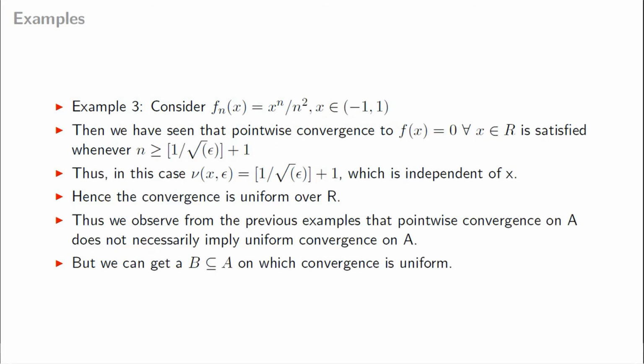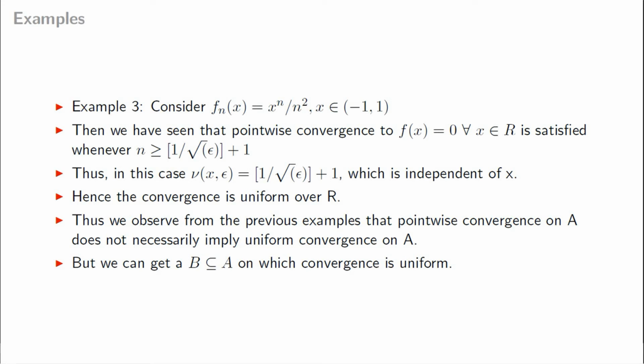Consider our next example which involves the sequence of functions x to the power n by n square for x belonging to the open interval -1 to +1. We have already seen pointwise convergence to f(x) equal to 0 for all x, and we have also determined nu x epsilon as the box of 1 by square root of epsilon, plus 1.